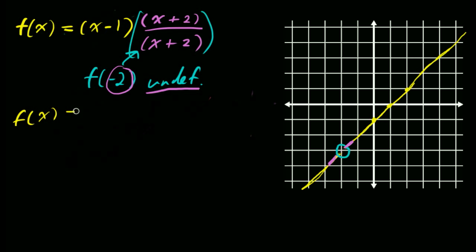Say f of x is equal to x squared, and we've got plus 2x minus 1x. So if we multiply those two terms together, we get minus 1x, and if we multiply those two terms together, we get plus 2x.